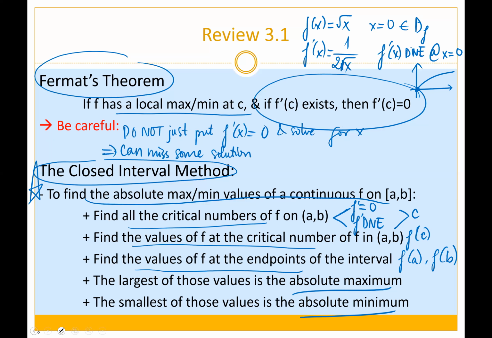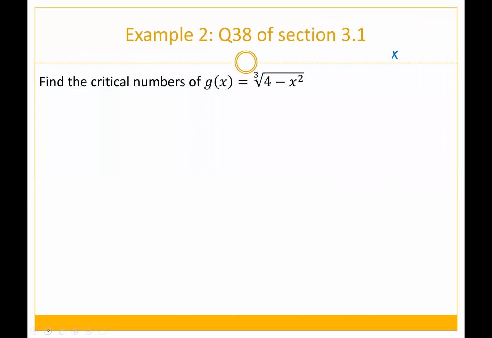Now, let's go to the first example of this section and see how it works. Find all the critical numbers. Again, first thing, you have to identify the domain. The domain of this is R, because this is a cubic root, and so the expression inside the cubic root doesn't have to be positive or equal to 0. Now let's find g prime of x.